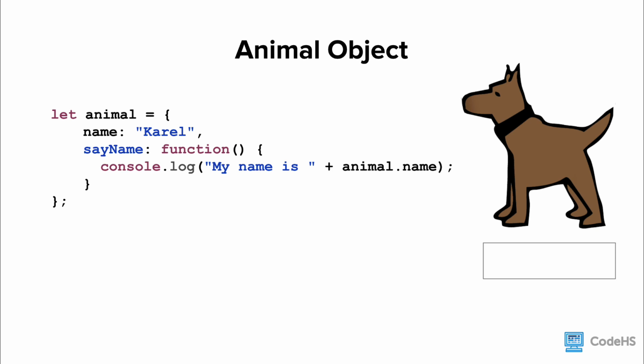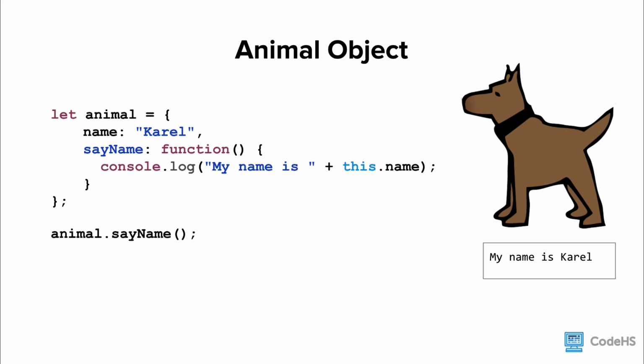But since we are inside of the animal object, we can't use the variable name to reference the name property. Instead, we use the this keyword. In this case, this is referring to the object that it is in. So if we now call the method sayName, we get my name is Carol.